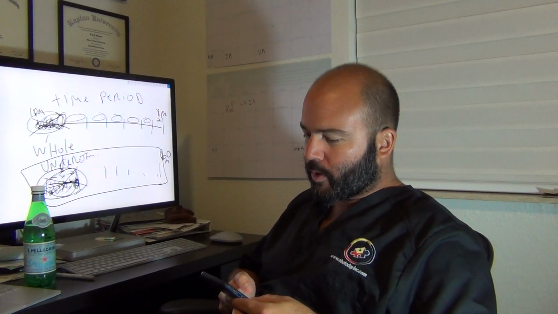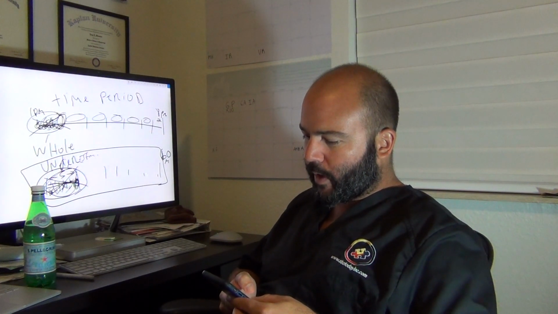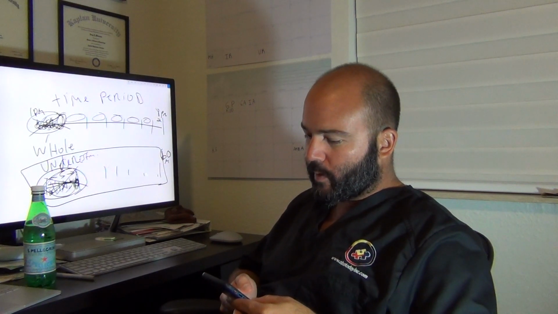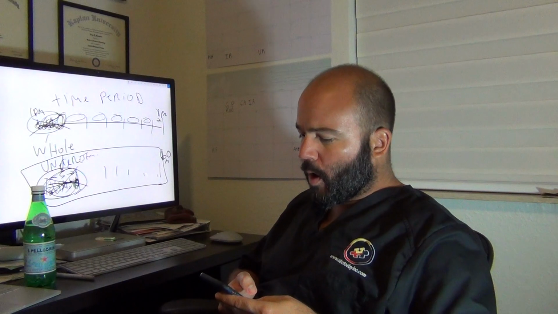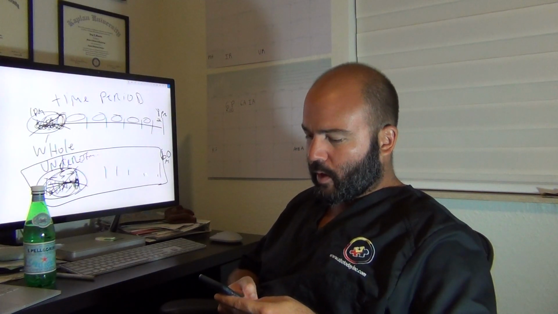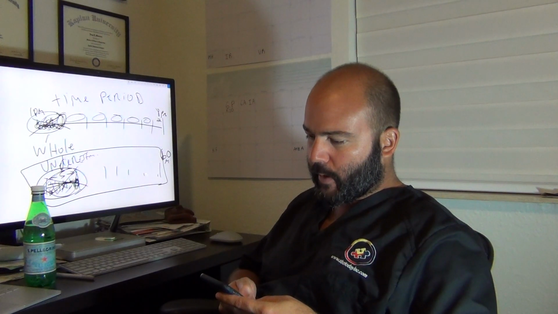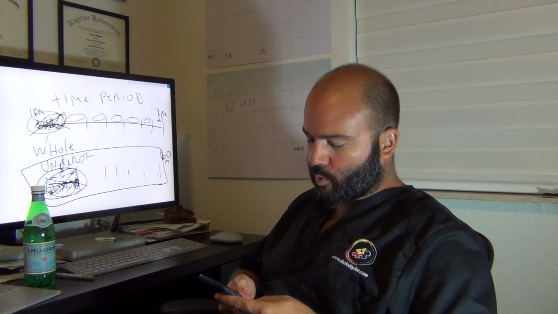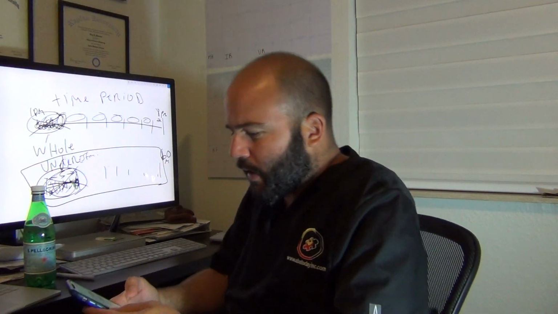Time sampling refers to a variety of methods for observing and recording behavior during intervals or at specific moments in time. There are three forms of time sampling. One is whole interval recording, the other is partial interval recording, and the last is momentary time sampling.